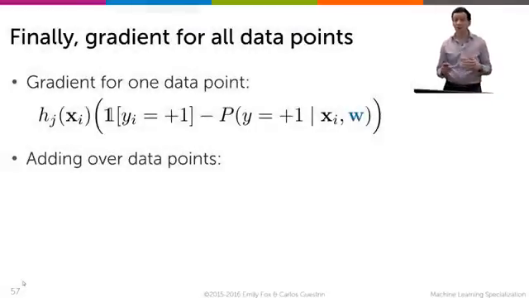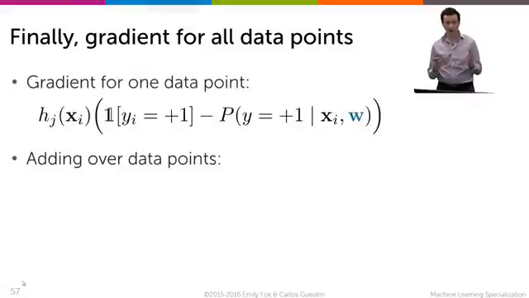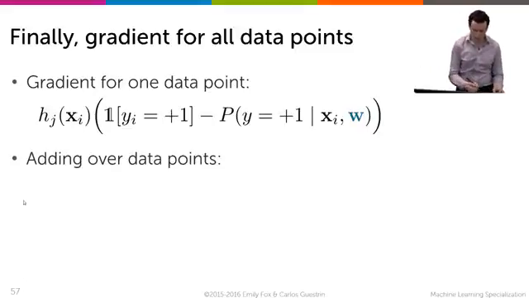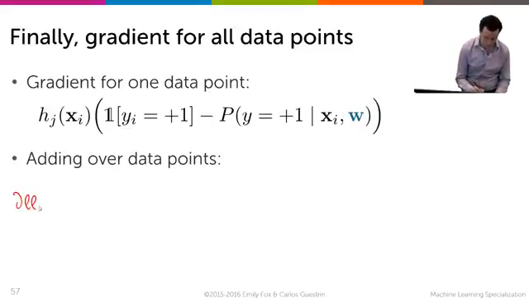Now we're almost done. So for one data point, the contribution to the derivative is hj times the difference between the indicator and the actual value. Now if you want to compute the derivative of the likelihood function for all of the data points with respect to wj, all you have to do is sum.